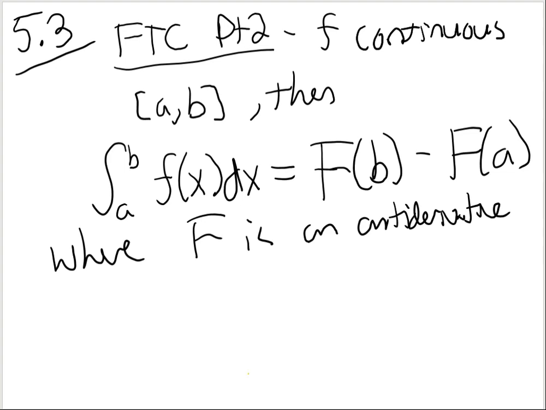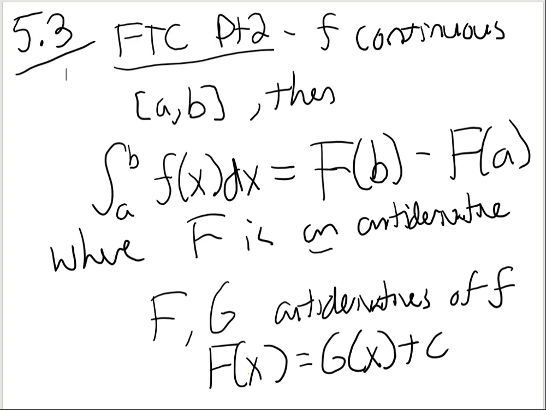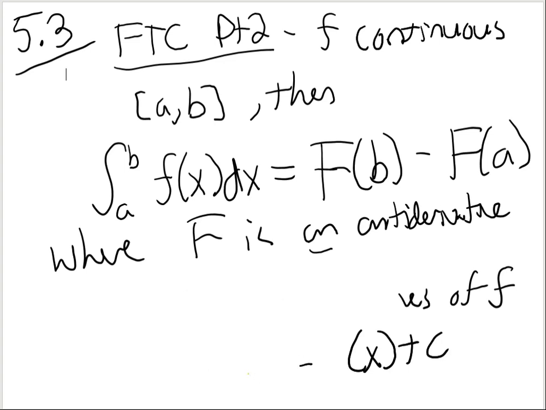One thing I notice is, how is this definition consistent? Because remember, there are multiple antiderivatives. But if F and g are two antiderivatives of the same function, then F of x equals g of x plus some constant. So what happens to constants in this definition?